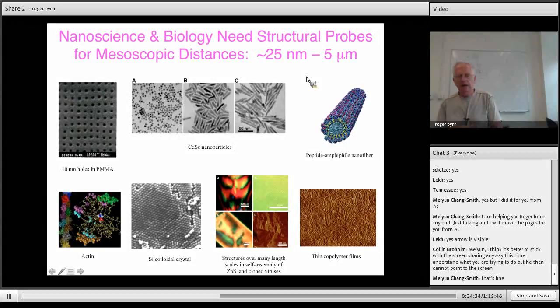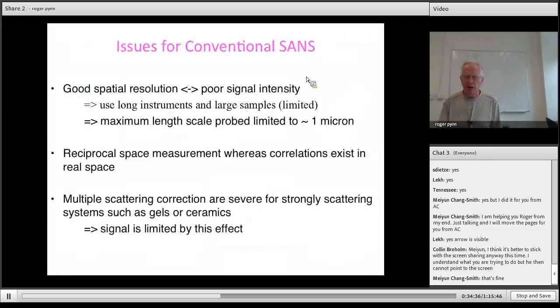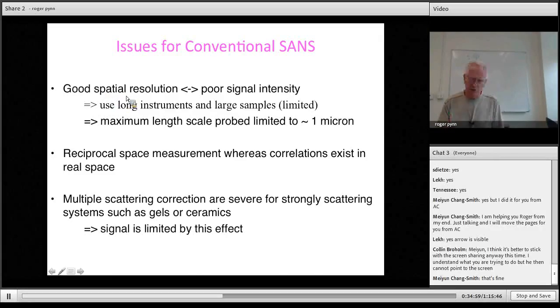So let's talk a little bit about, I've said some of this. You know already that in all conventional neutron scattering instruments, the better the resolution you get, and this is true of SANS, in other words, the better the Q resolution that you have in SANS, which translates into the better the real space resolution, the less the signal is.